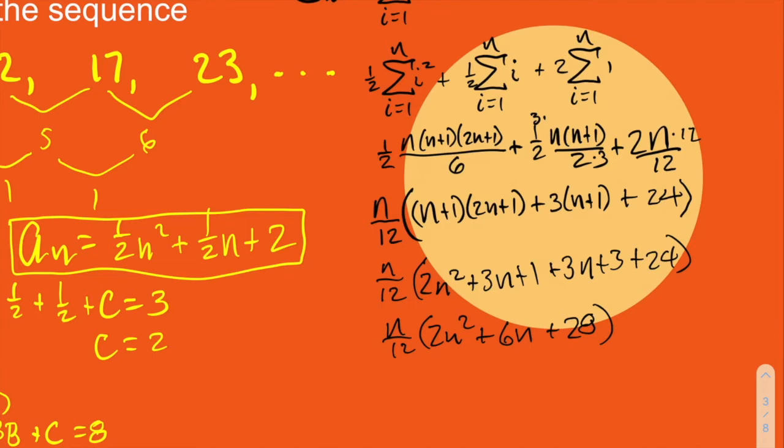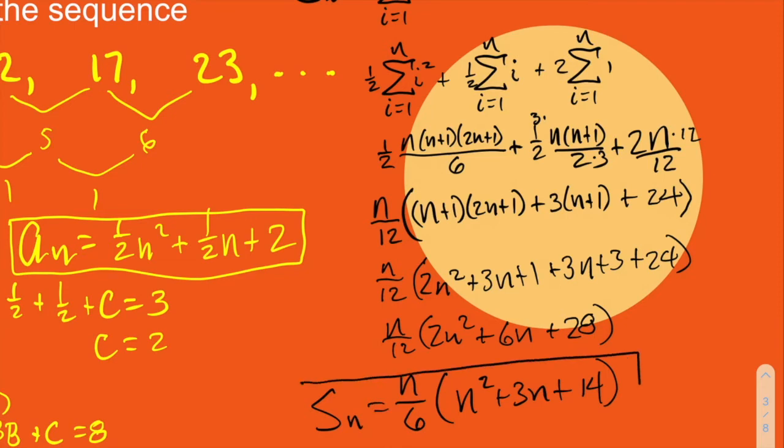Now, we have a factor of 2 common to every term inside the parentheses, so we can pull that out and cancel it with the 12, and that turns into n over 6, and inside is n squared plus 3n plus 14. That is not factorable, and so here is our summation.